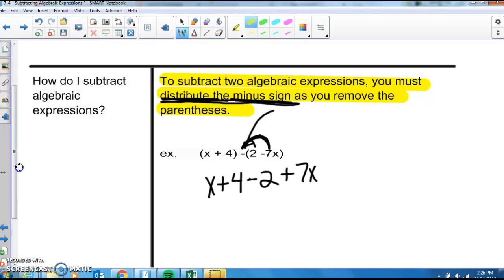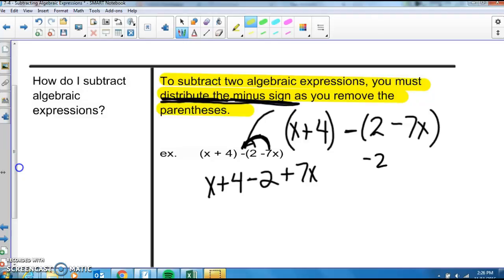Another way of thinking about it is, whatever set of parentheses comes directly after that minus sign, you take the opposite of every sign on the inside. For instance, on the inside we have 2 minus 7x with a minus sign in front of it. If I take the opposite of everything on the inside, that 2, which is positive, becomes a negative 2.